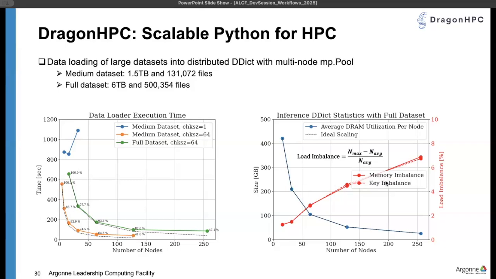And so we tried to measure the memory imbalance here with these red curves. And for the large data set, the full data set, you can see that we're below 10% load imbalance, even at the highest node count, for this case of 250 nodes.